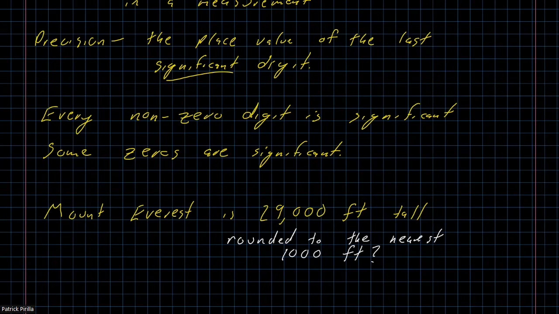Most people immediately assume that a measurement of 29,000 feet is a measurement rounded to the nearest 1,000 feet. That's not actually what the survey came up with. The survey came up with 29,000 feet to the nearest foot.